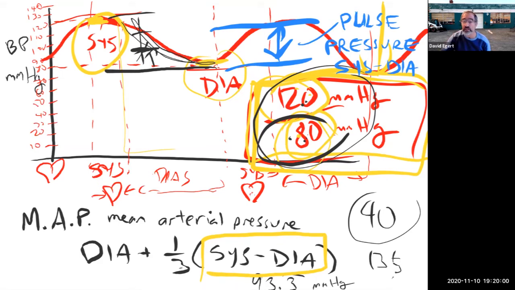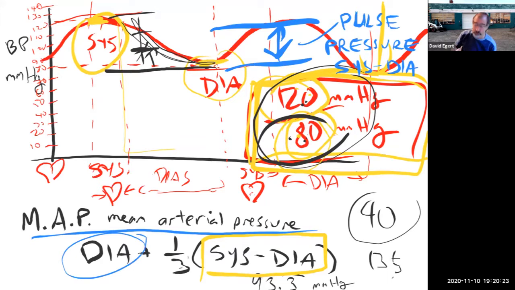You're feeling it going from the lower to the higher, back down to the lower, back to the higher. That's that change in force against the vessel, expanding the diameter, that you feel. So we could also say mean arterial pressure is diastolic plus 1/3 of the pulse pressure. That's the same difference.